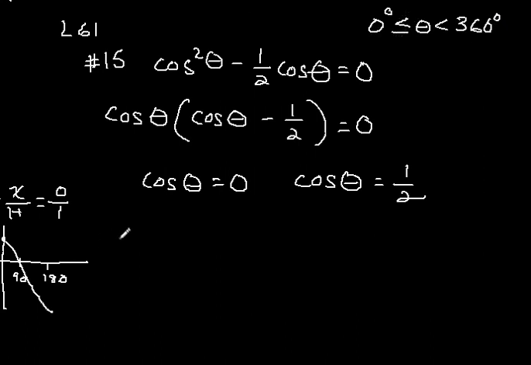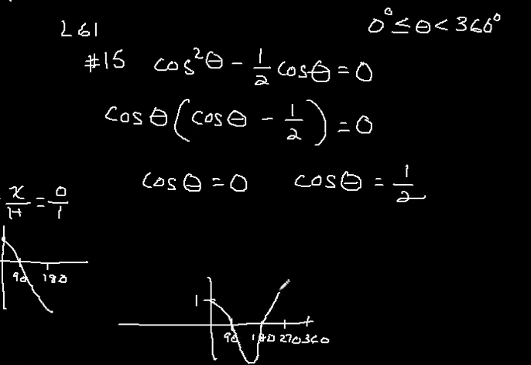So what angles give us 0 for cosine? Well, just think of your cosine graph. So we'd start here, that would be 1. The graph starts there, we have 90, 180, this is just a good review for us too, 270, 360. So the cosine curve goes down there, comes up there, oops.